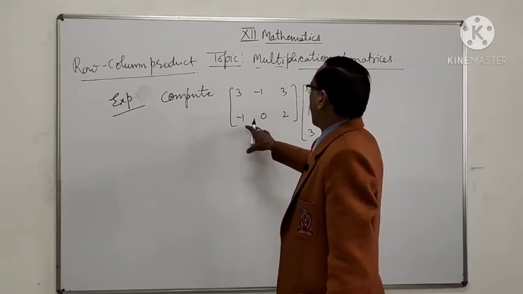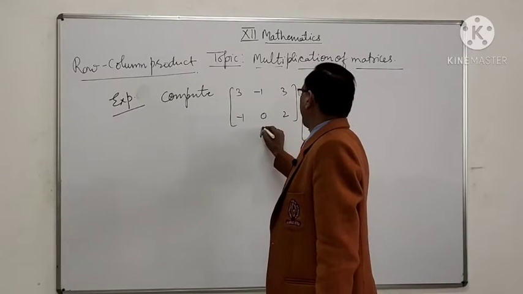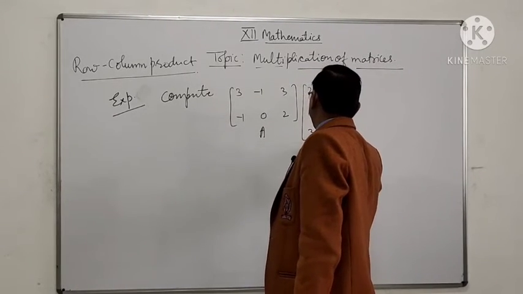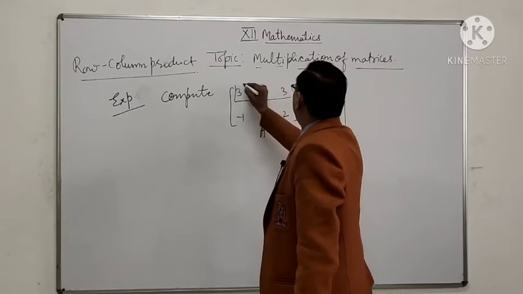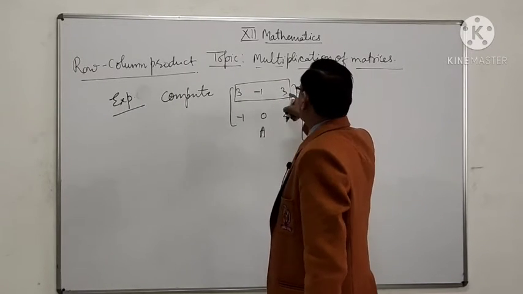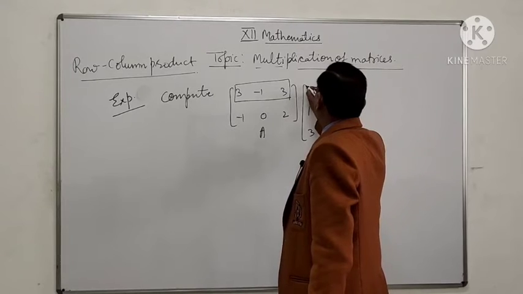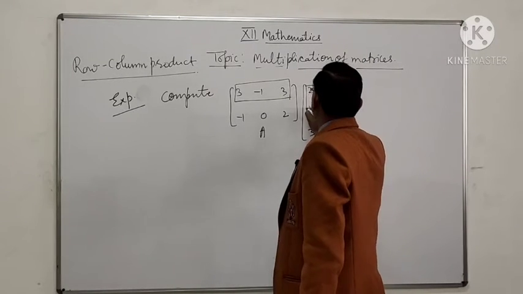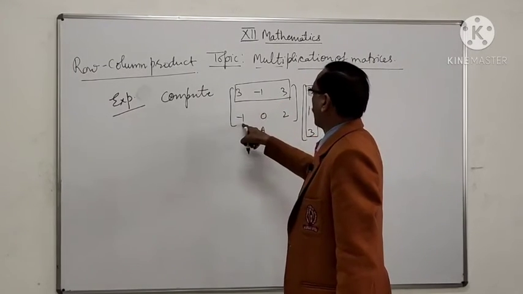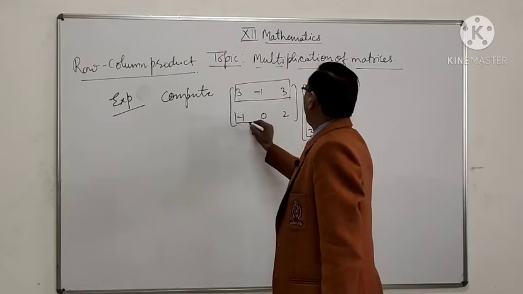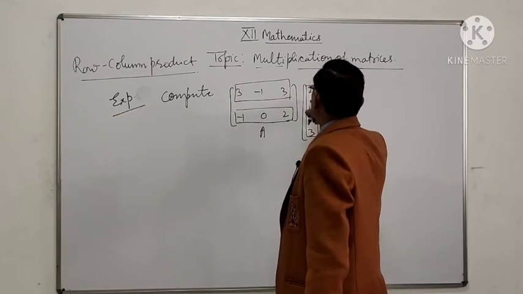Student, let the first be matrix A and the second be matrix B. It is the first row, the second row, first column, second column.